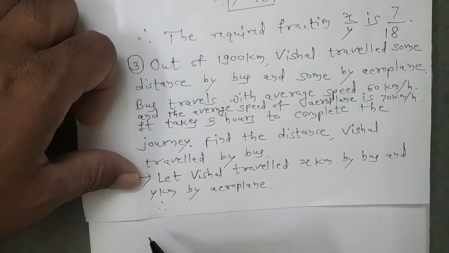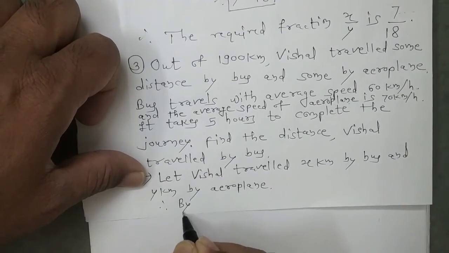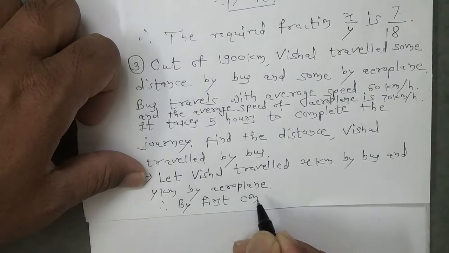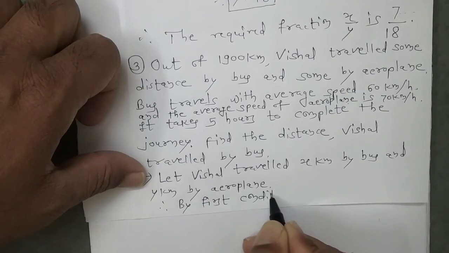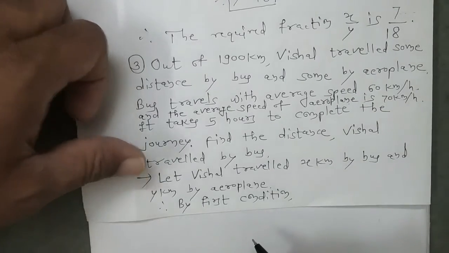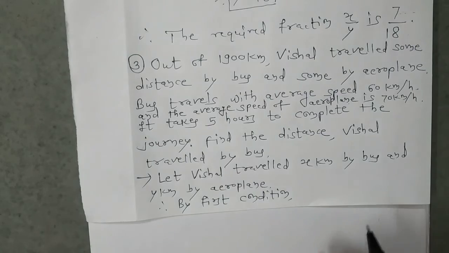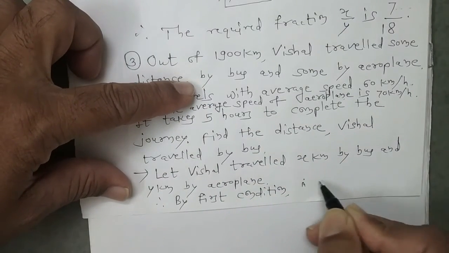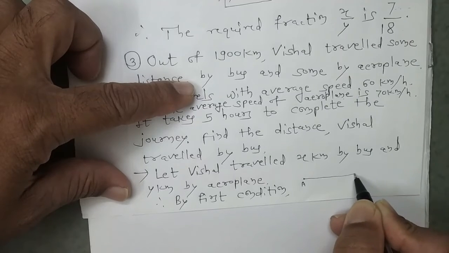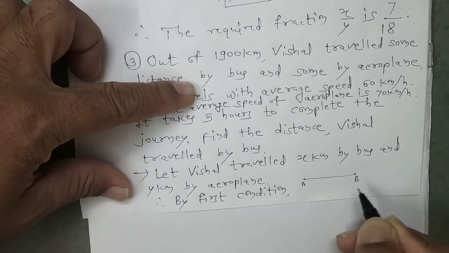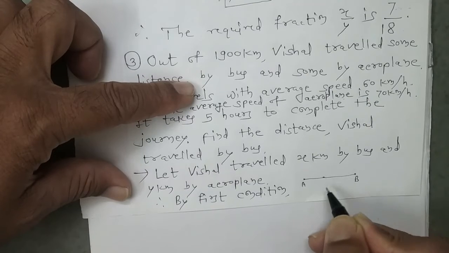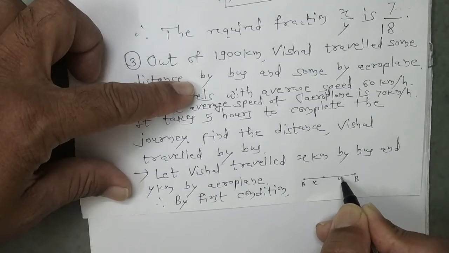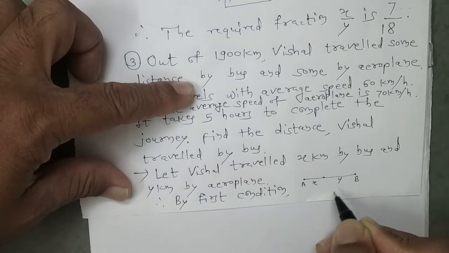Therefore, by the first condition, suppose he travels from city A to city B. Suppose he traveled x kilometers by bus and y kilometers by aeroplane.